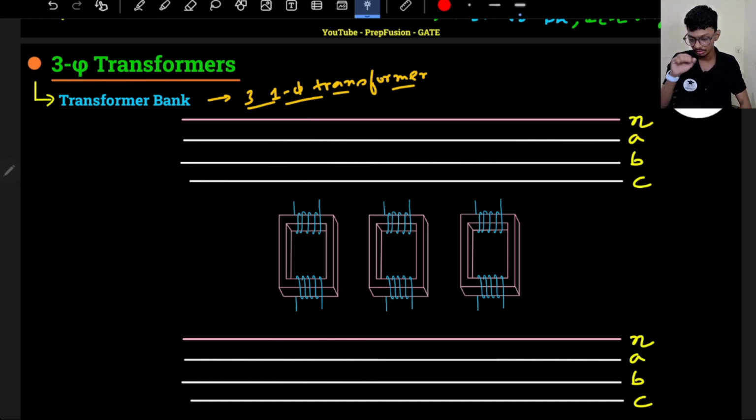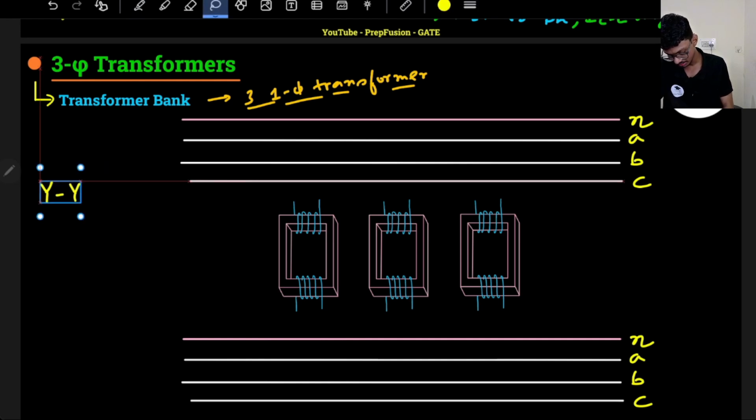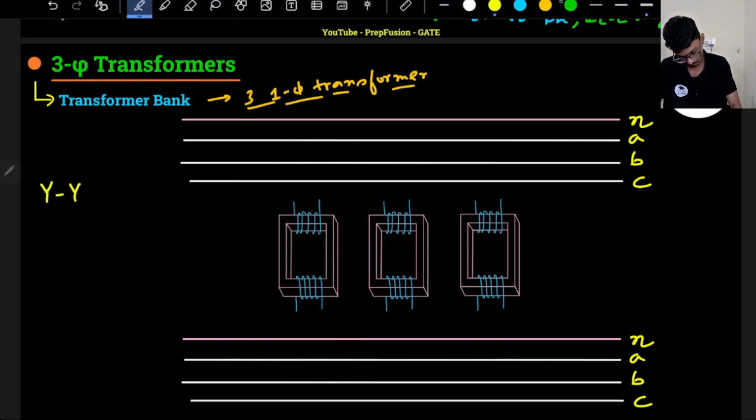So if I want star connection, let's say star to star connection, that means basically with everything the neutral will be connected, and this one also will be connected to the neutral.